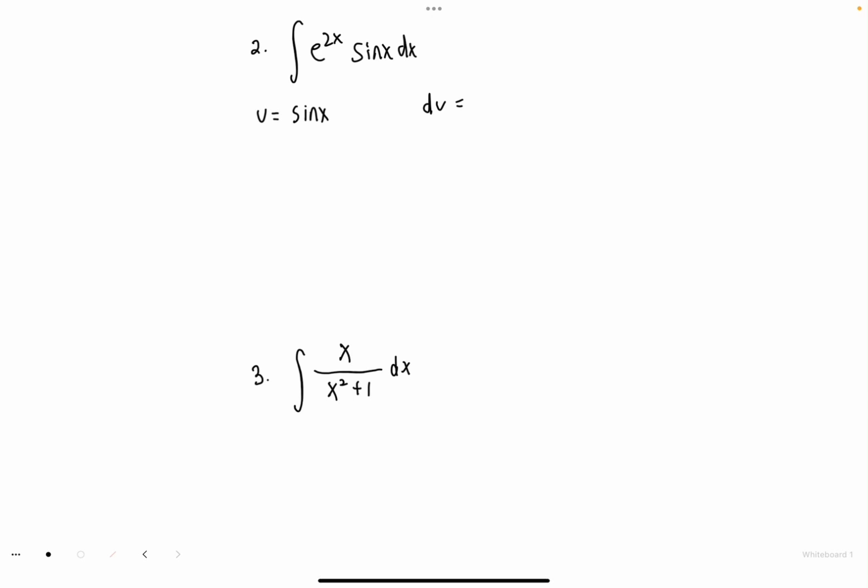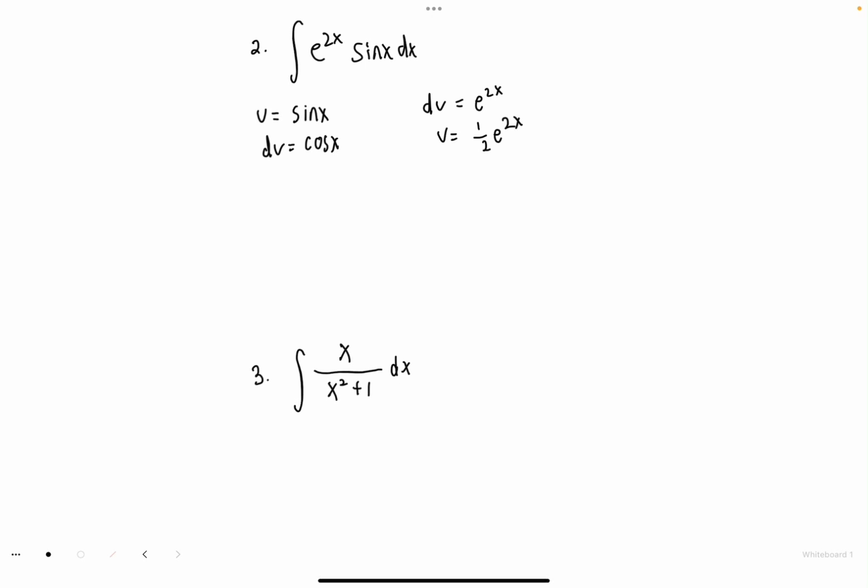The best way to utilize that is set u to sine x and dv to e to the 2x. And so du, the derivative of sine x, is going to be cosine x. And then there's a certain technique for e's, so v is going to be 1/2 e to the 2x.